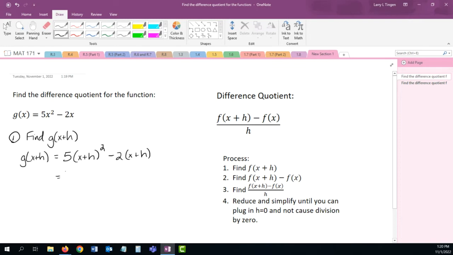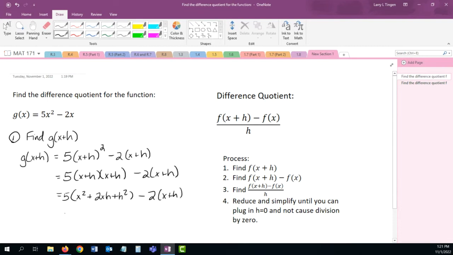Fine. And if there's math to be done, we do it. So that's 5 times x plus h times x plus h minus 2 times x plus h. I'm going to multiply the x plus h's times x plus h's, then come back with the 5, just to make my life easy, because we know when I multiply x plus h times x plus h, it's first term squared, the last term squared, and the sum of the two.